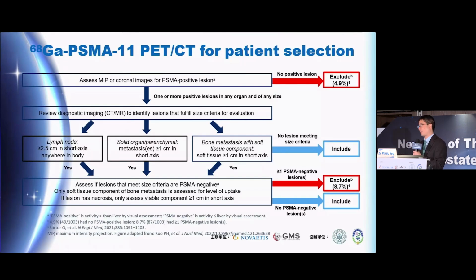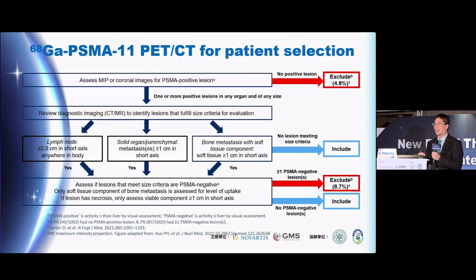We use the liver for that. We know we can do this reproducibly. So we related it back to that familiarity in nuclear medicine and used the liver as a threshold, greater than liver. And actually, if you look at the scans, only 5% of patients did not have a single PSMA PET positive lesion. So 95% of patients had at least one PSMA positive lesion.